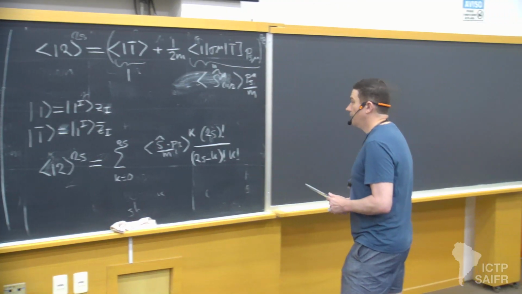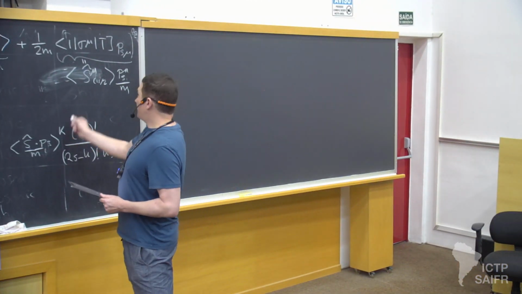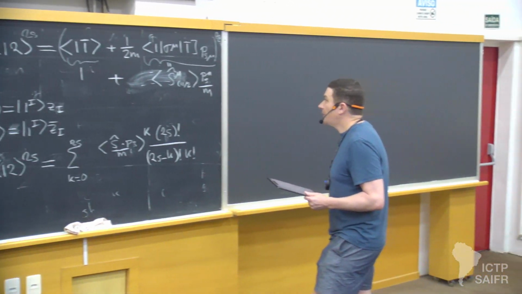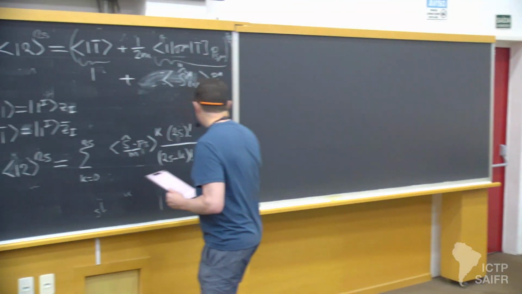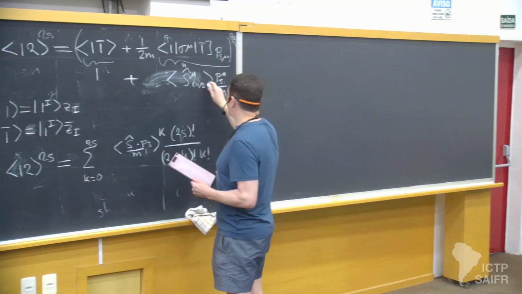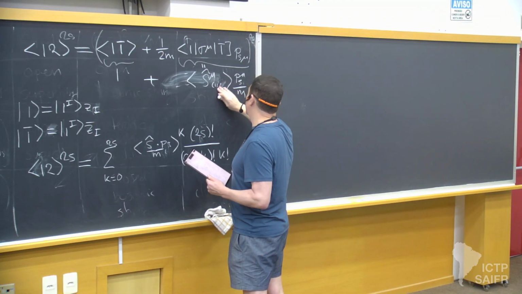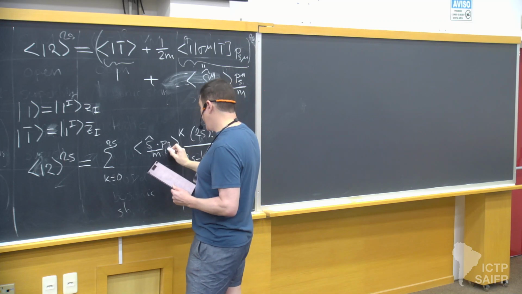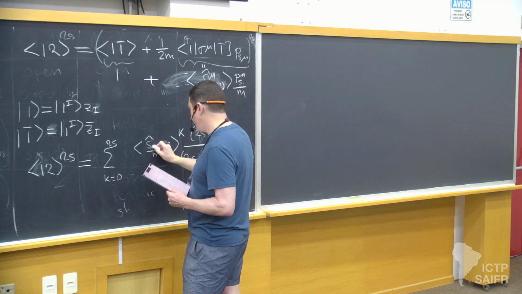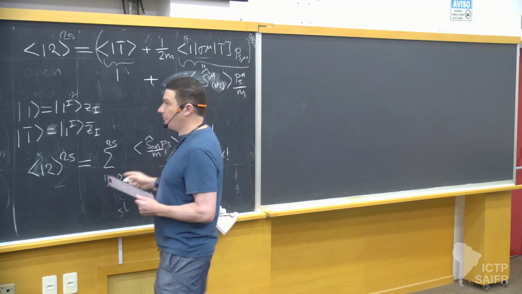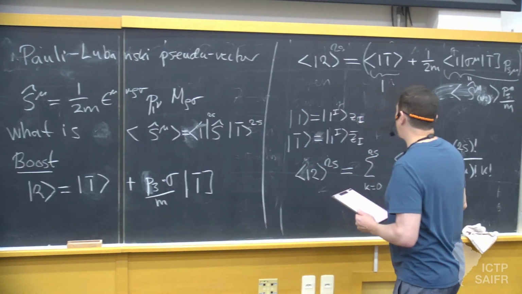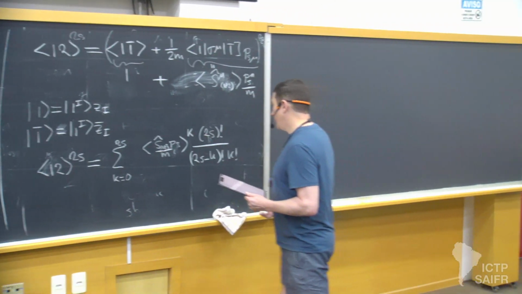Okay, so that's just a binomial expansion of 1 plus this guy, right? And this is actually the spin 1/2 representation. That's what I was trying to indicate there, because you have to decide in which representation you're working. And obviously we're working in the 1/2 representation because we're applying it to spinors.